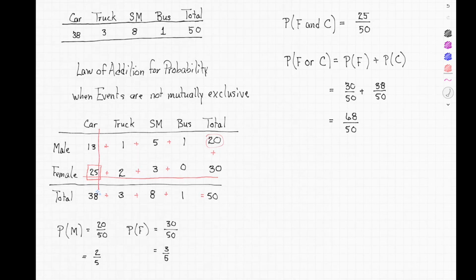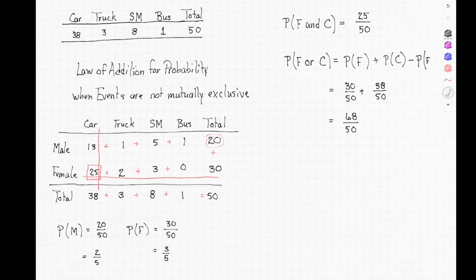Notice those two lines intersect. And where do they intersect? They intersect at the females that drive a car, meaning female and a car. So we counted those females once in the females, and we counted them again in the cars. So they got double counted. When that happens, when events are not mutually exclusive, you have to subtract that probability that both things can happen.